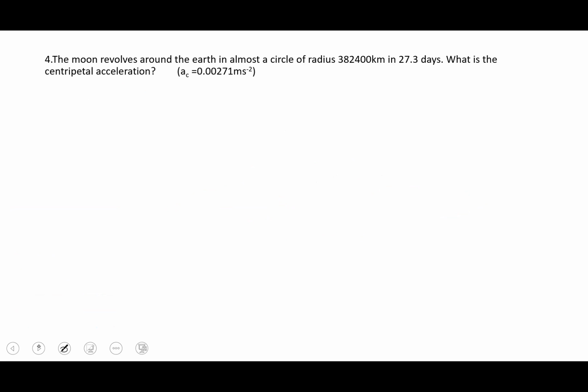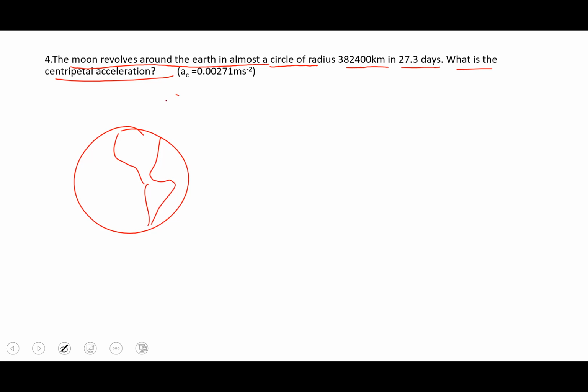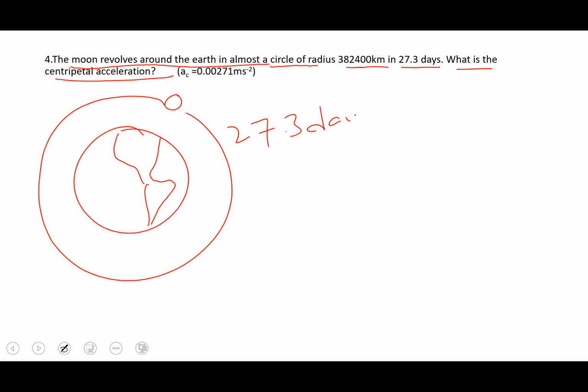Moving on to the next question. A moon revolves around the earth in a circle of radius 382,400 kilometers in 27.3 days. What is the centripetal acceleration? Now, this is our earth like this, and the moon is revolving around the earth, taking 27.3 days to circle around it, and its centripetal acceleration has to be found out.